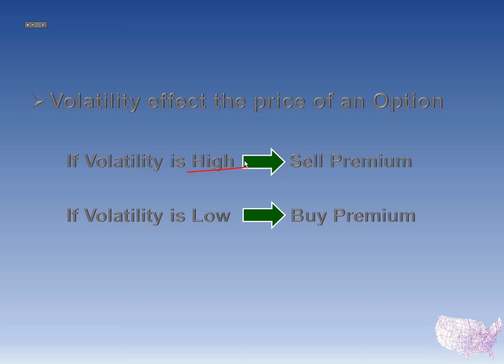So my rule here for volatility, and I might be getting ahead of myself again: when volatility is high, we want to sell premium. What I'm talking about is when IV percent is greater than 50 for a stock, we want to sell it.